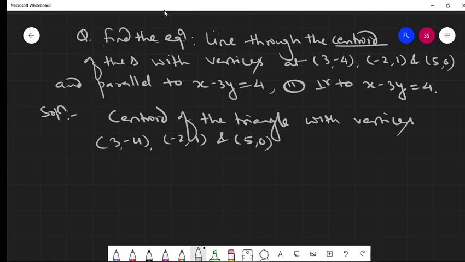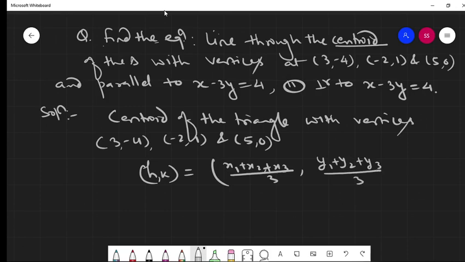As we studied earlier, the centroid (h, k) equals ((x1 + x2 + x3)/3, (y1 + y2 + y3)/3). We have to apply this.